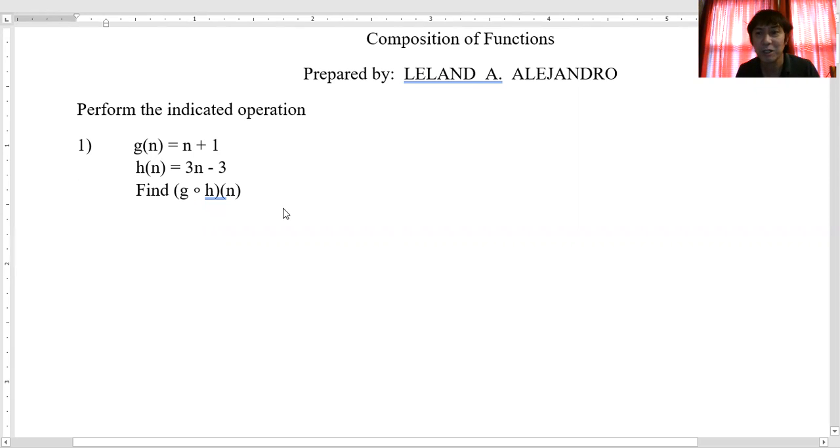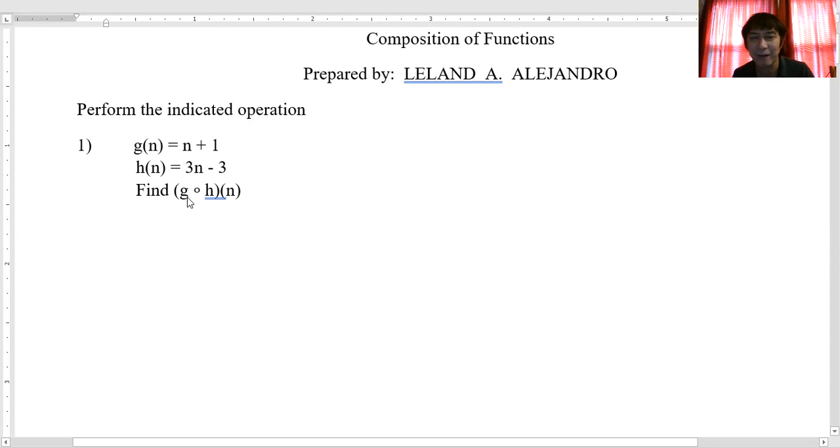The notation that we're going to use is the one at the bottom, the required. Find g composition h of n. This tiny circle that you can see here doesn't mean multiply. This means the h function will be used as input to the g function. The right function will be the input to the left.